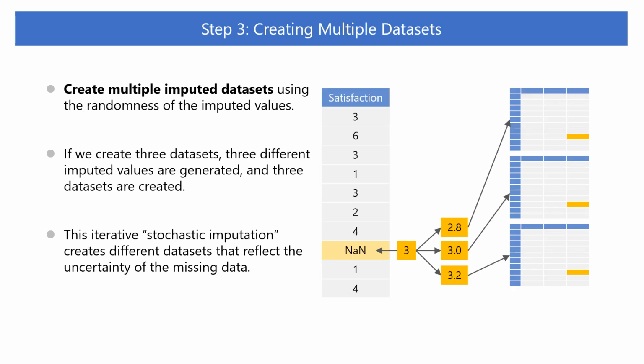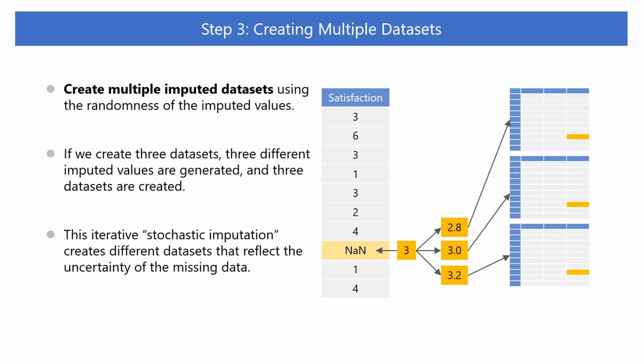Next, we create multiple imputed datasets using the randomness of the imputed values. In most cases, we create 3 to 5 datasets. In the case of 3 different imputed values generated for the missing satisfaction values, 3 datasets are created, each containing a different imputed value.